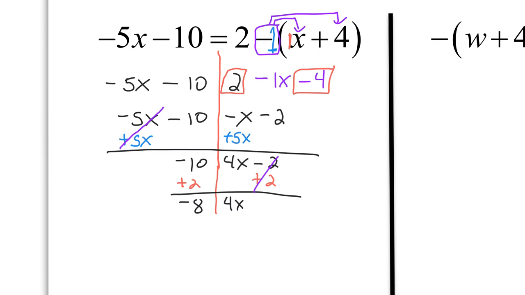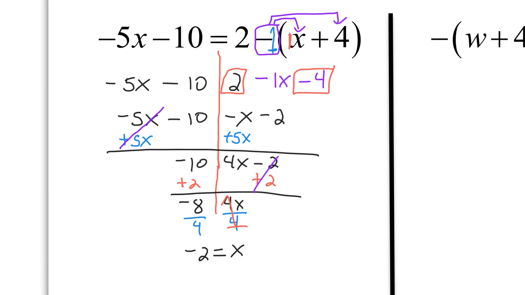Now the next step, this is step number 3, you want to isolate the variable. So I'm going to divide by 4, and on the other side, I'm going to divide by 4. So this right here turns into positive 1. And on the left side, negative 8 divided by 4 is negative 2. I'll bring down the equal sign, and I have an x on the right side.